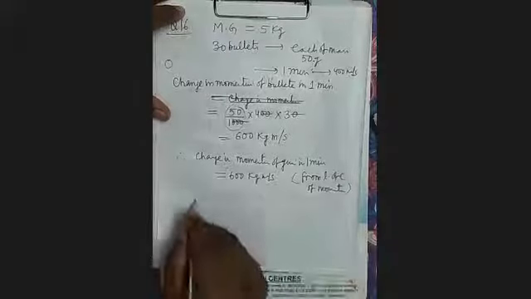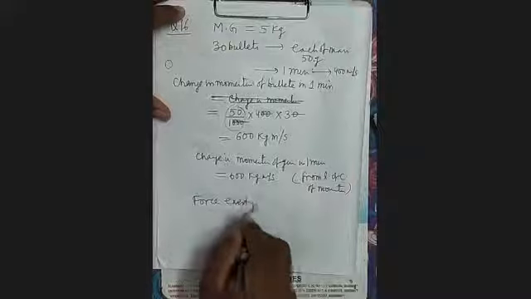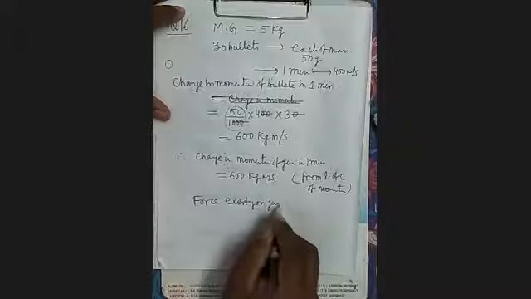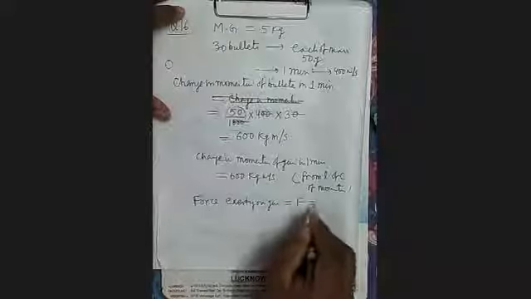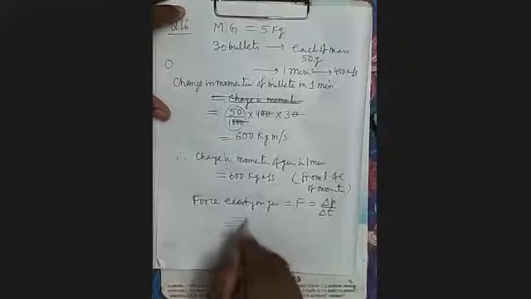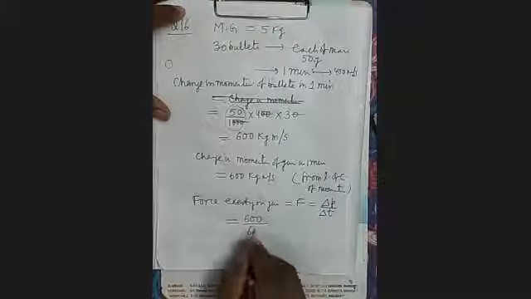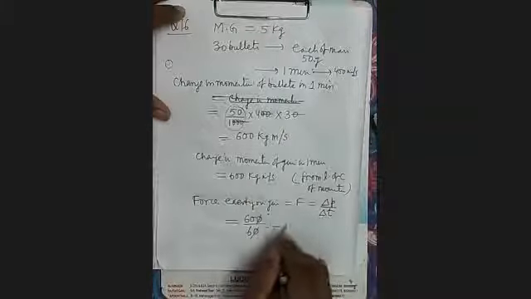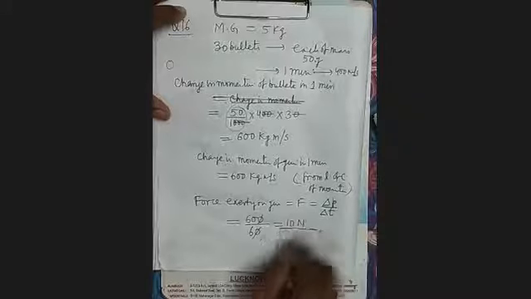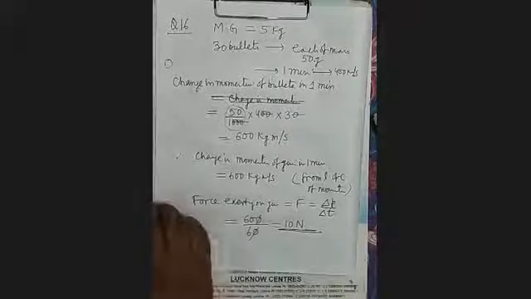So what is the force exerted on gun? F equals delta P upon delta T. What is delta P? 600. Delta T, 1 minute. 1 minute means 60 seconds. So this is cancelled. That is equal to 10 Newton. Okay.